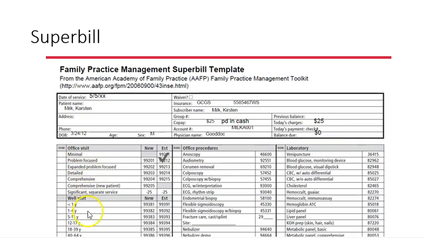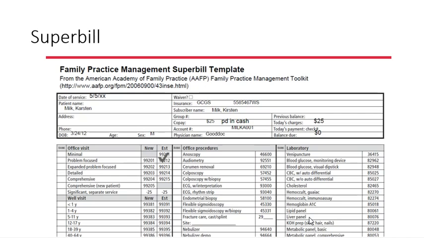Then we have further on down the page the office visits or office procedures and laboratory procedures which were done. What you would see further on this page is a listing of other procedures, diagnoses, and whether or not the patient needs to be referred out for specialty.